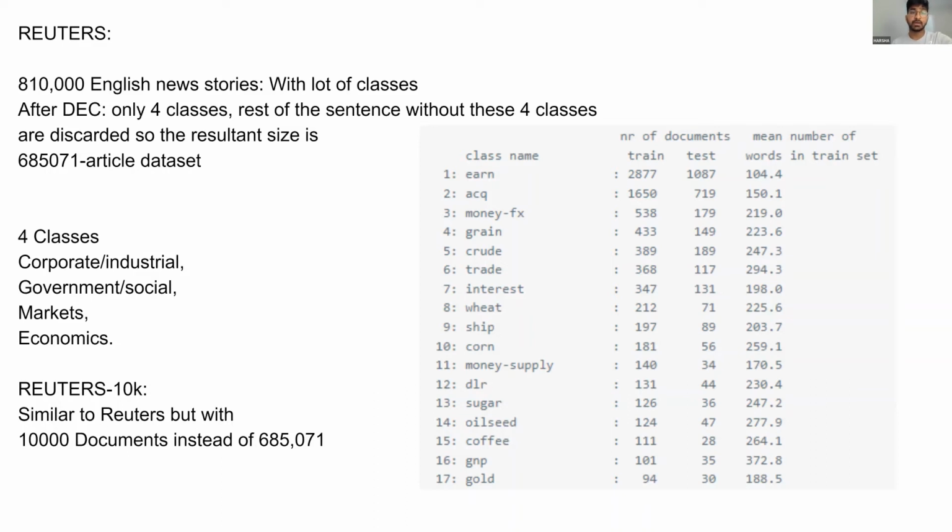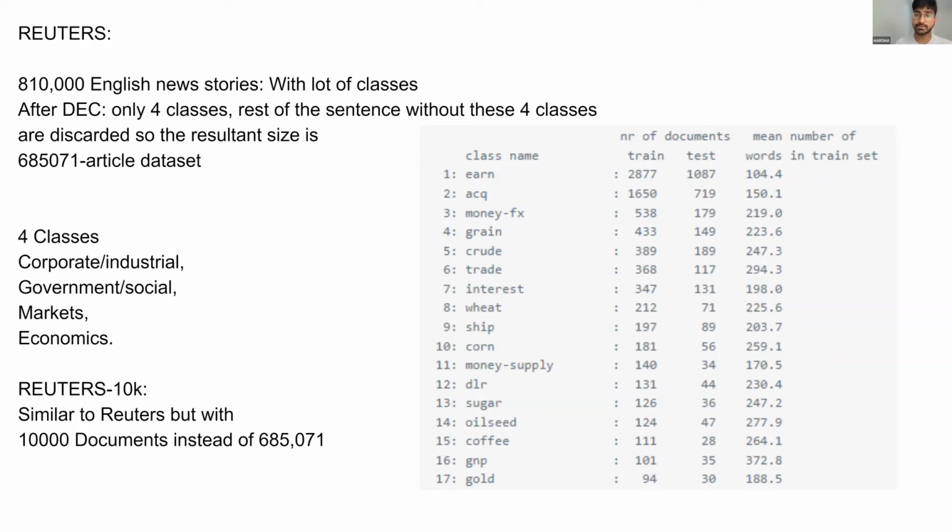So the 810,000 news stories are minimized to a 685,000 article data set. That's the whole Reuters data set, and Reuters 10K is selected from it: 10,000 random documents are selected from the 685,000 data set.